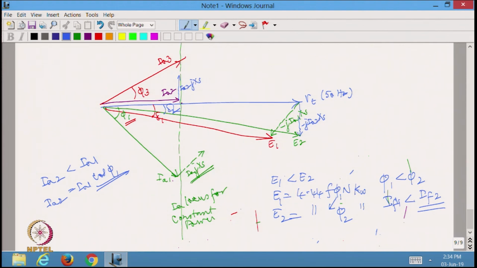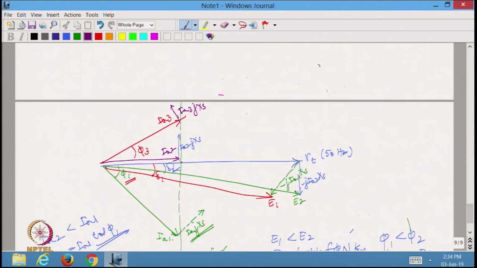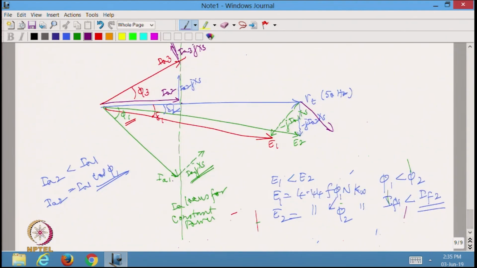Let me look at the leading power factor zone as well. In the leading power factor zone, I should have had IA3 JXS somewhat like this. So, I should have had it like this, it should have been longer actually. So, correspondingly I should have drawn this particular quantity, which is minus JIA3 XS.